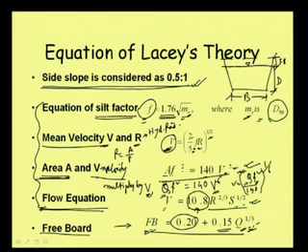Our target is to design the channel for a particular discharge. So, q is our required input, it is given, f we have obtained, then we can find the velocity v: q f square by 140, to the power 1 by 6.